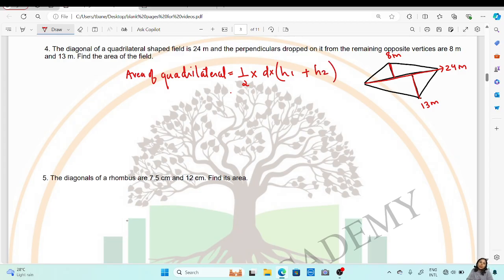So here this will be 1 upon 2 only. Our diagonal is 24, and we have our two heights, so that is 8 plus 13. So now this will become 12. So 12 into 8 plus 13, so 13 and 8, 9, 10, 11.